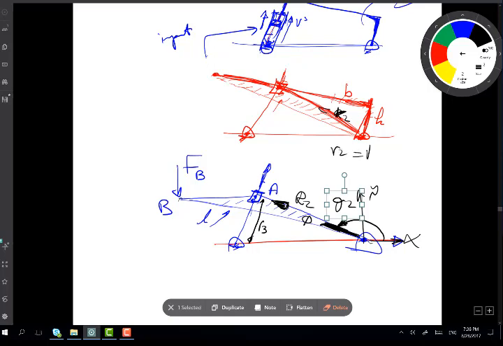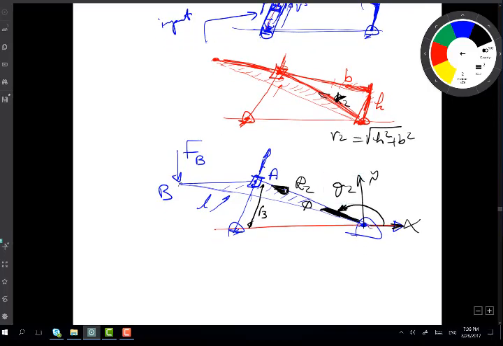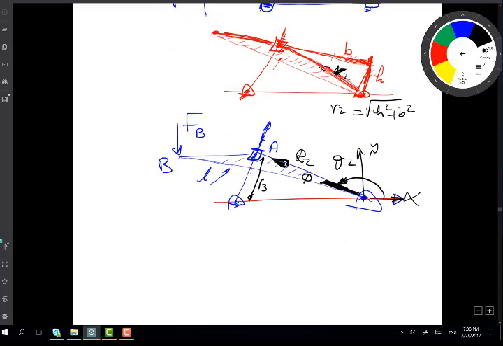R2 is the square root of h squared plus b squared. This is the length of R2. So vector R2 is equal to r2 e^(j theta 2), and I'm measuring theta 2 from this fixed line, which is fixed on the link anyway. So this here is my theta 2.